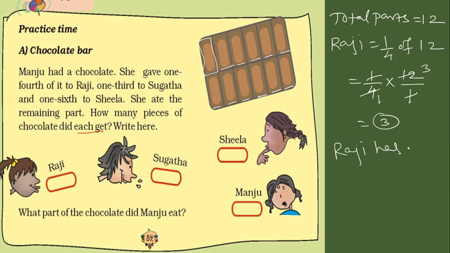Raji has got 3 parts of chocolate. Again, Sugatha got 1/3 of chocolate.